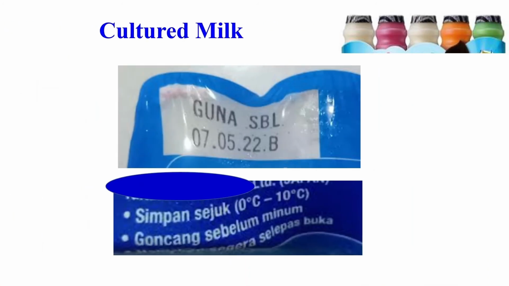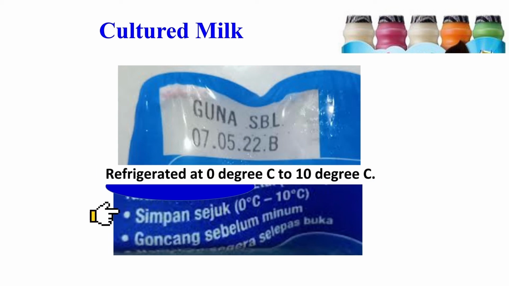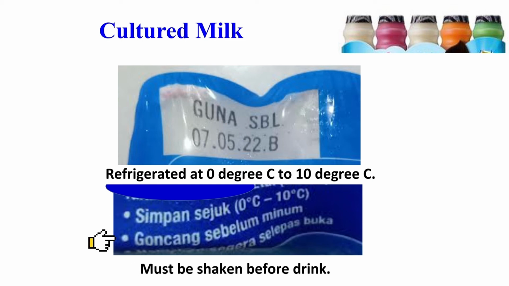This is a good example on cultured milk. They said guna sebelum, which means use before the date, and then they have the storage conditions. It should be refrigerated from 0 degrees Celsius to 10 degrees Celsius. They have also shown you it must be shaken before drinking.